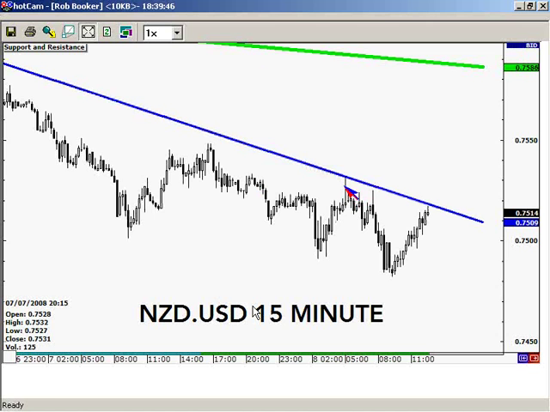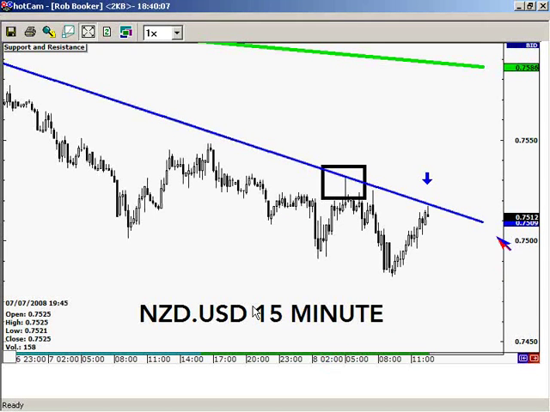You can wait for the currency pair to rise up and hit the trend line. Right there, you could sell it right now in the midst of an overall downtrend.